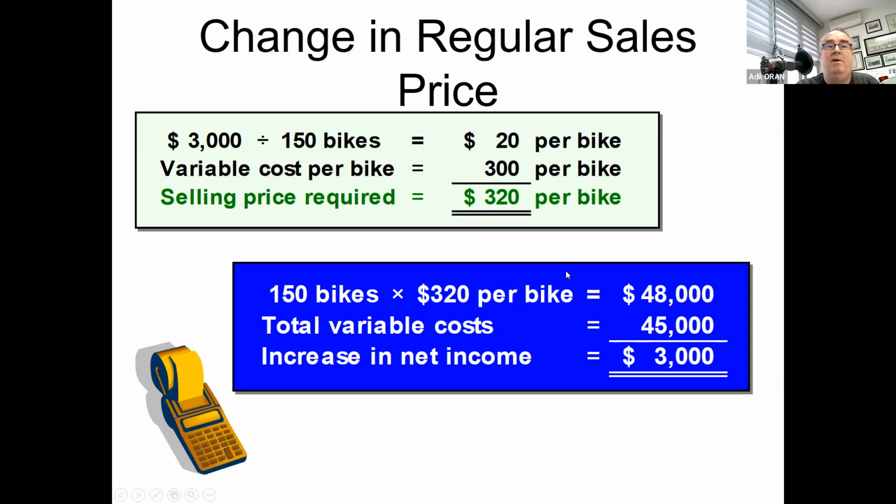But again, remember, they're taking these bicycles and they're going to sell them in a totally different market, is the assumption. So 150 bikes at 320 per bike cost you 48,000 revenue, additional revenue, and it cost you 45,000 to make them, leaving net operating income of 3,000 addition to your pockets.